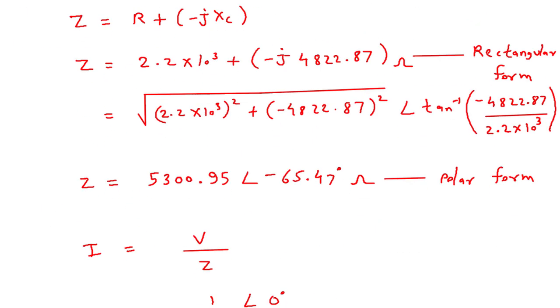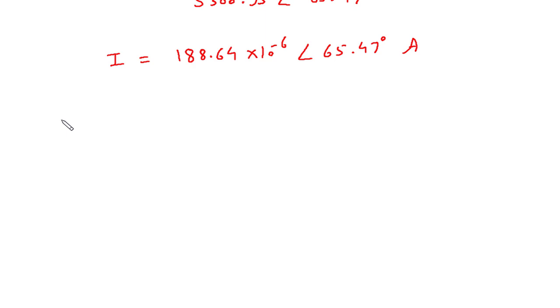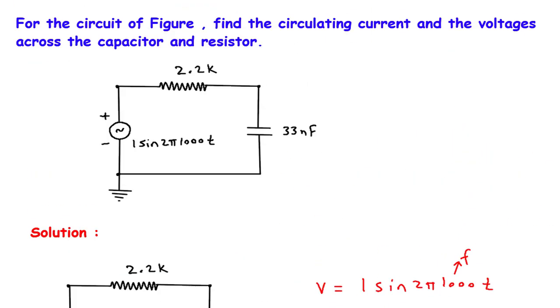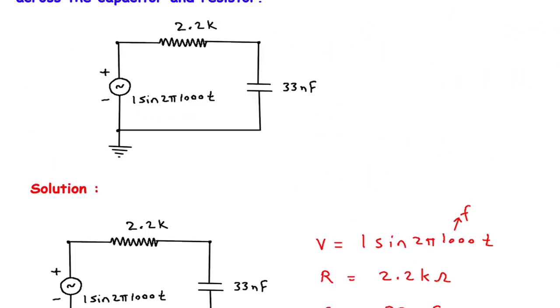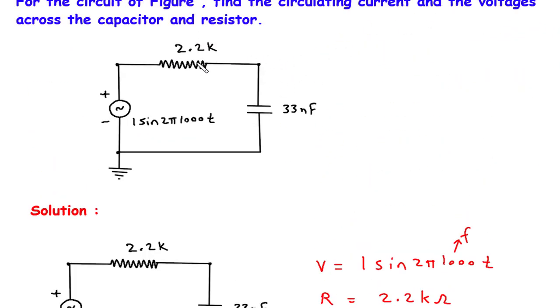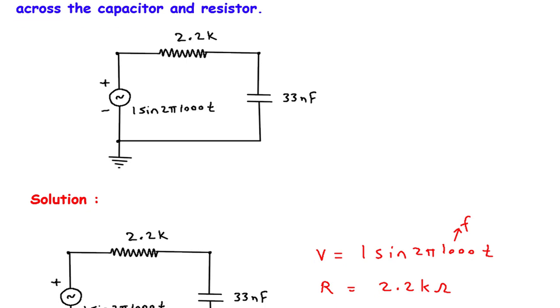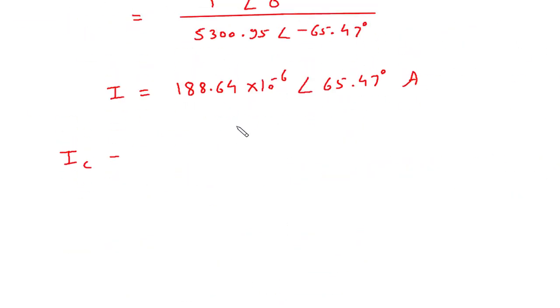The voltage across capacitor, let's say the current through capacitor is IC, and the current through capacitor and resistor will be the same, that is current I. So we have to find VC. VC will be equal to, according to Ohm's law, IC into XC, or I into XC only, where XC is the capacitive reactance.